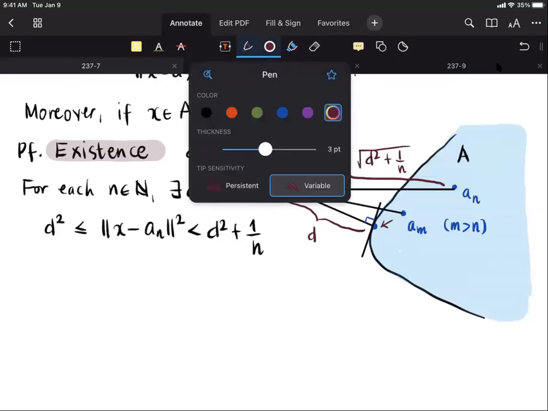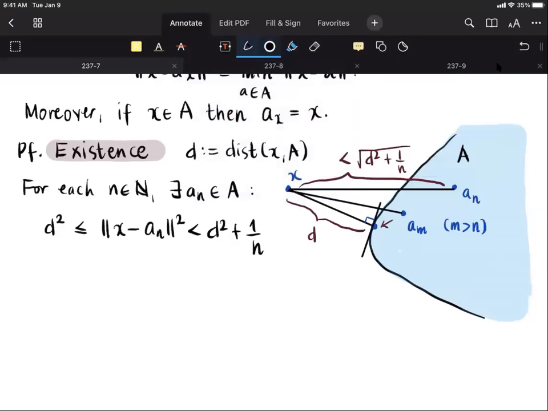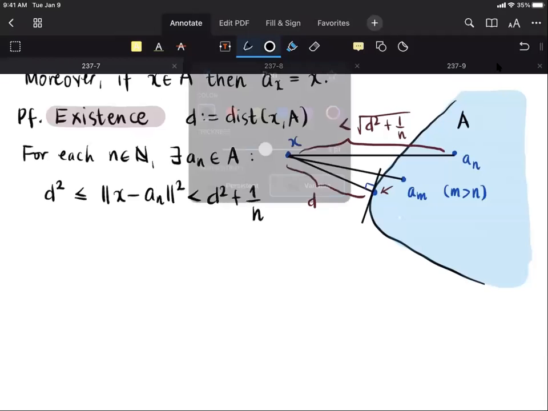In fact, we claim that this sequence is convergent, and it converges to the solution of our proximal problem. First, let us establish that this construction of the sequence A_n is in fact a Cauchy sequence.